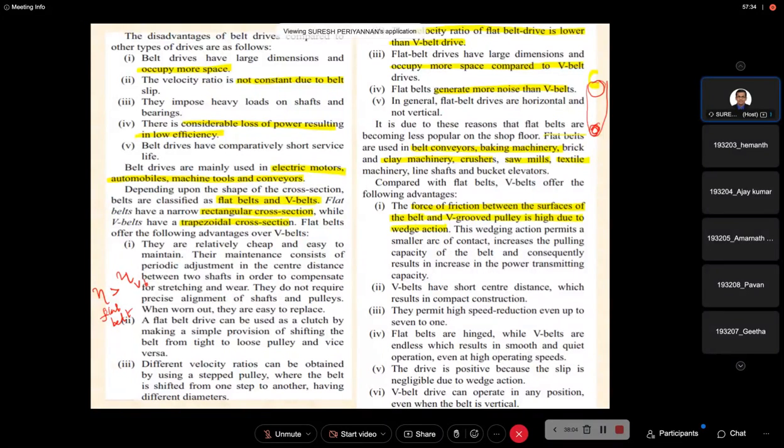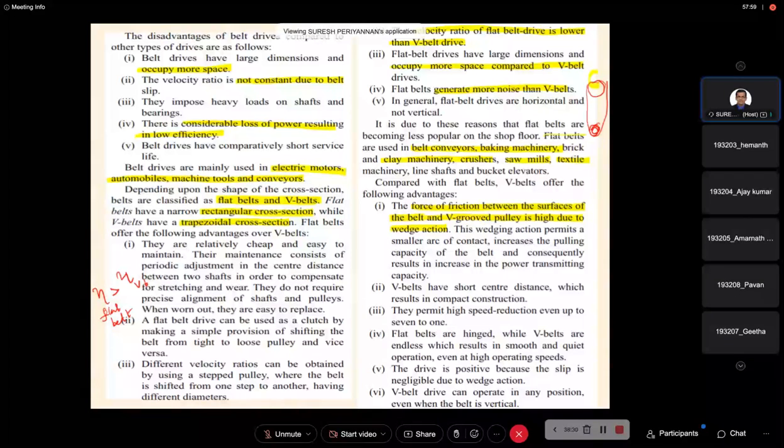Due to the wedge shape of the V belt, the coefficient of friction is more, so the friction resistance is high, and then we are able to transmit more power.